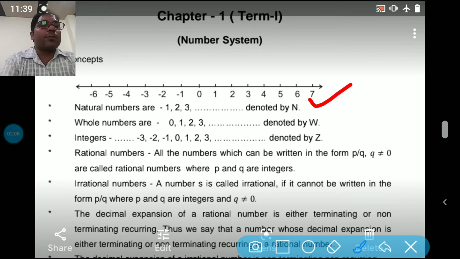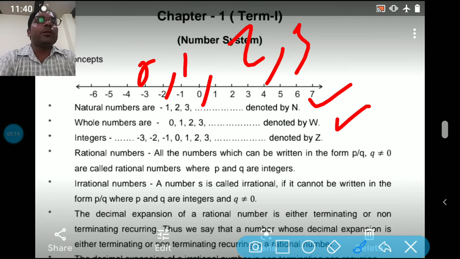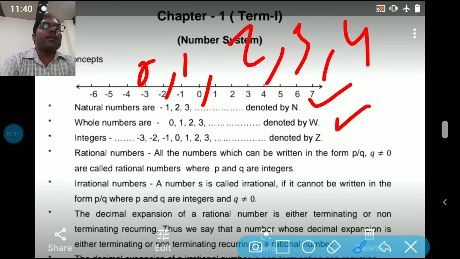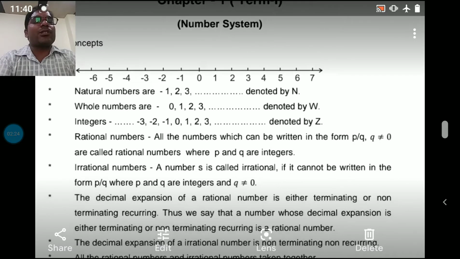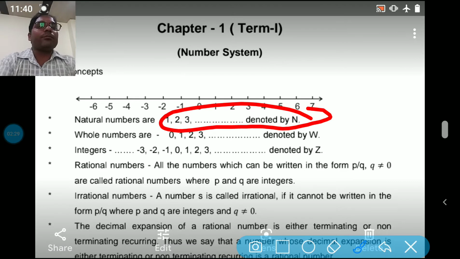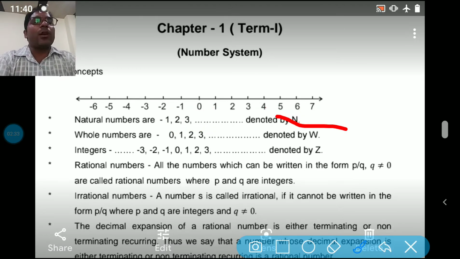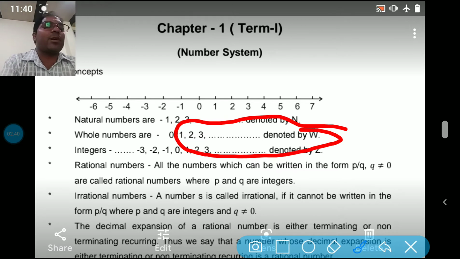Whole numbers start from 0: 0, 1, 2, 3, 4. All these numbers are called whole numbers. Now students, one difference you can see: natural numbers start from 1, and in the whole numbers, starting from 0, the natural numbers from 1 up to infinity are included.